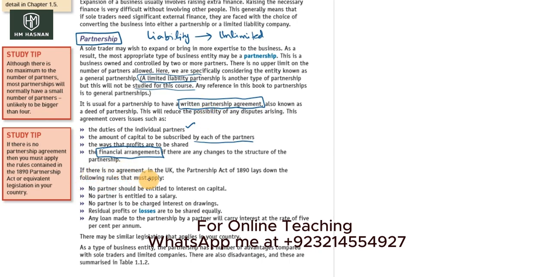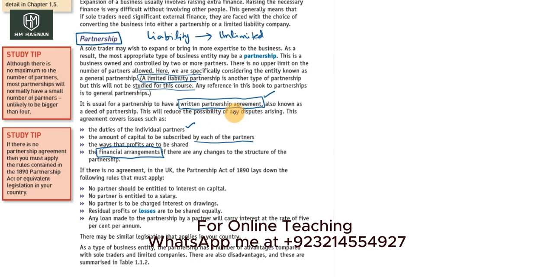If there is no agreement in the UK, the Partnership Act of 1890 lays down the following rules that must apply. If there is no agreement, for instance, 5 or more persons are going to make a partnership, but they are not making any partnership agreement. If partners make a partnership agreement, they have to register this agreement with the exchange.